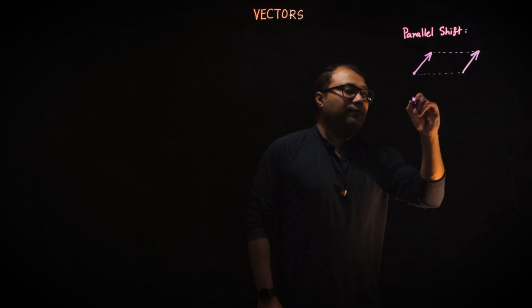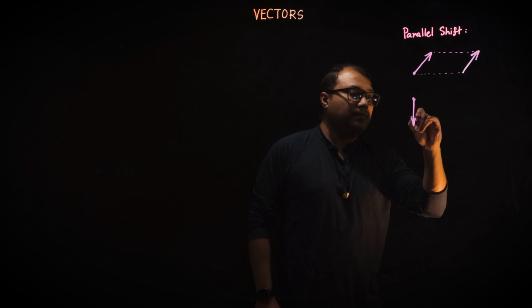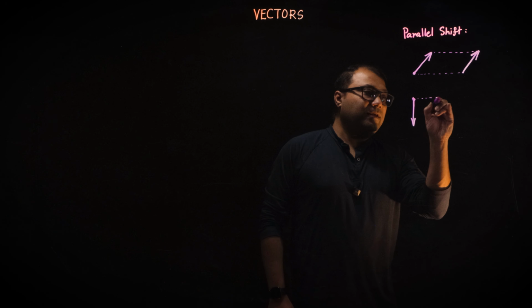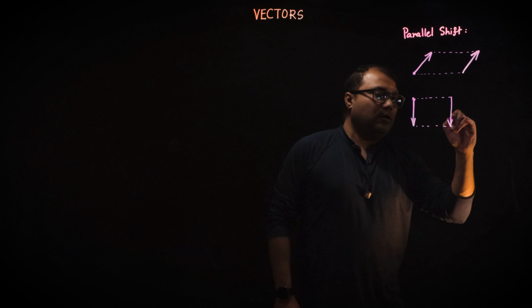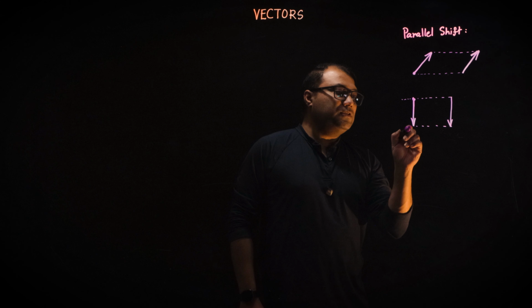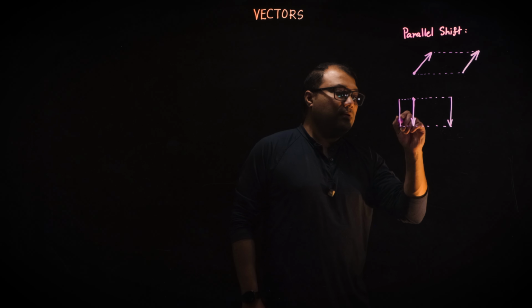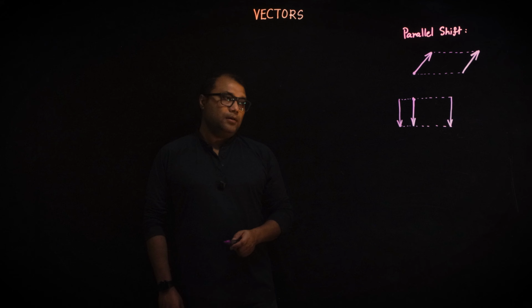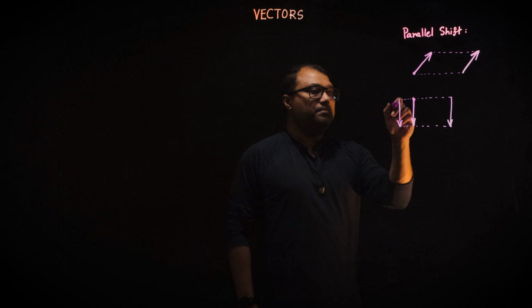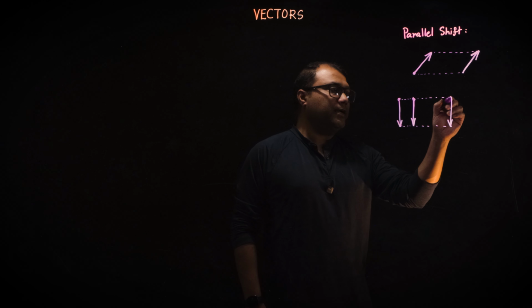Similarly, if you have another vector like this, if I shift it parallelly this way, or if I shift it this way, these are the same vectors. It's the same vector. That's called parallel shift of vectors.